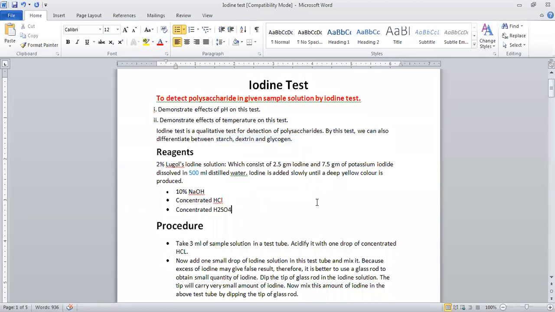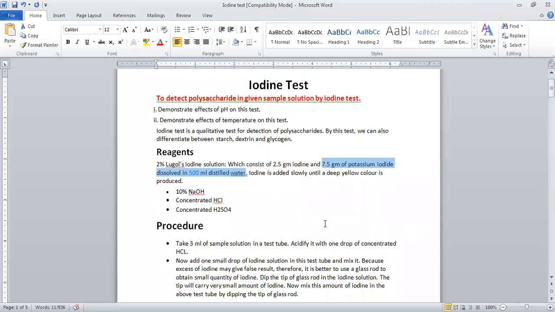First of all, when we need to proceed with the iodine test, we need to prepare Lugol's iodine solution. And how will you prepare the Lugol's iodine solution? We can prepare it by taking 2.5 gram iodine and 7.5 gram of potassium iodide dissolved in 500 ml of distilled water.